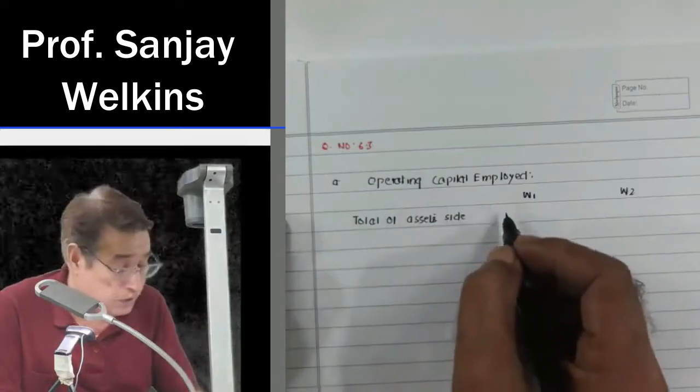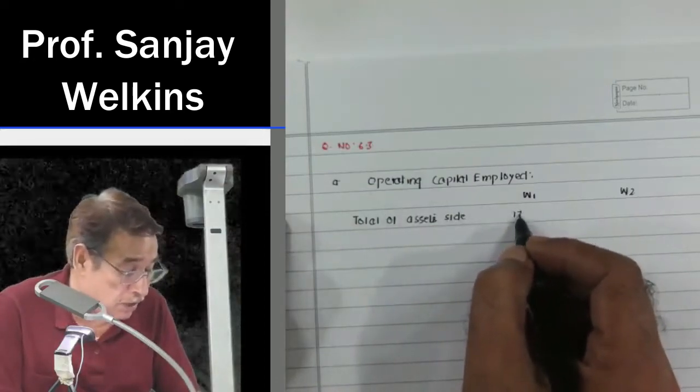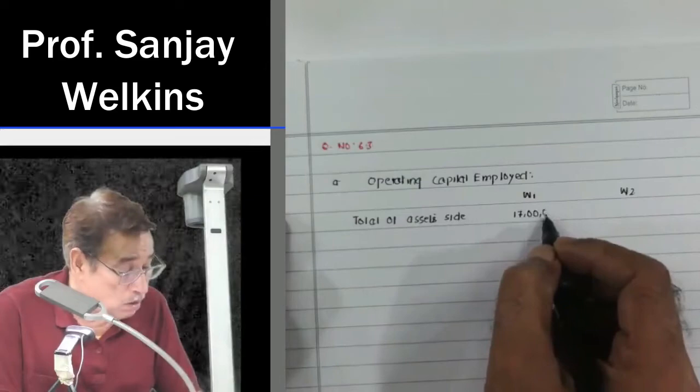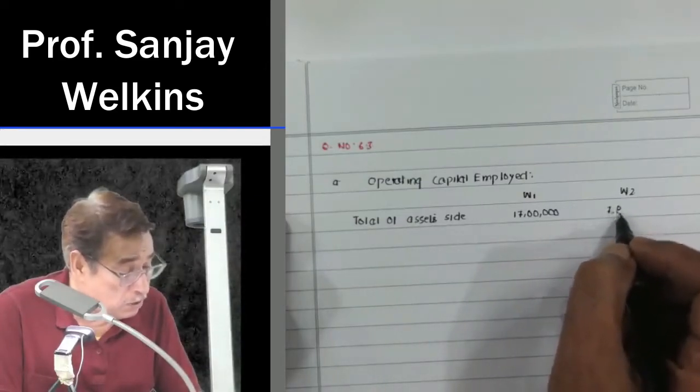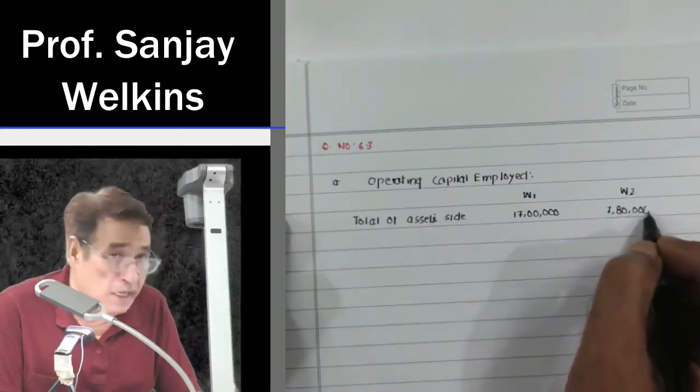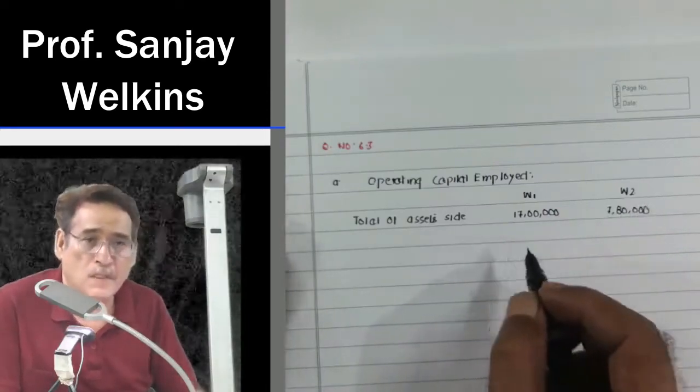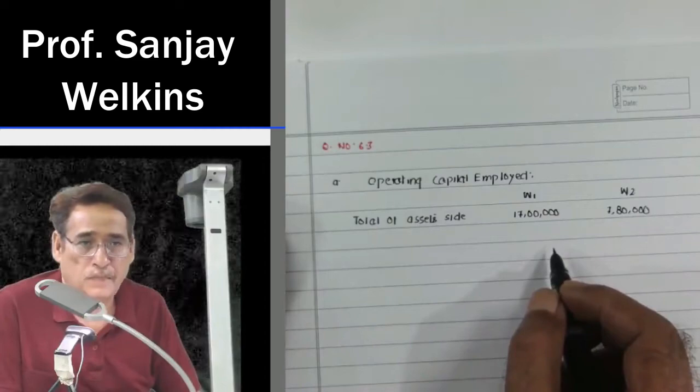Total of asset side is given to us as 17 lakh and 7,80,000. This is given to us, correct?